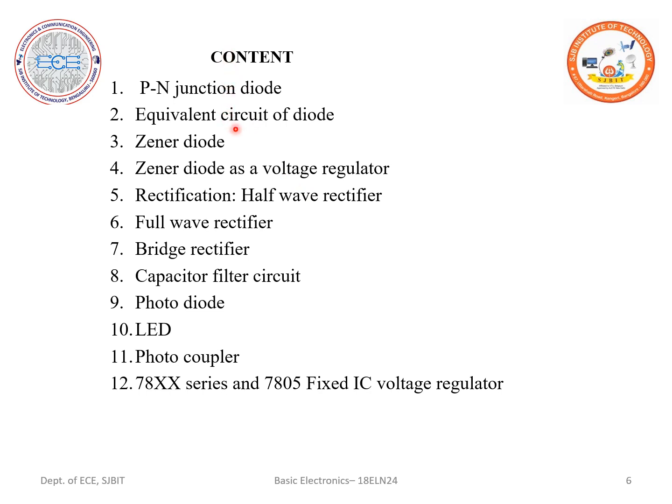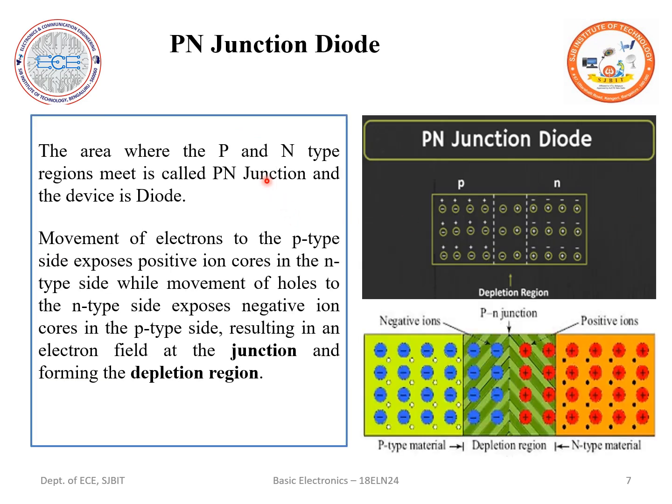In the first class, let us look into the p-n junction diode. There are two types of semiconductors. One is the p-type semiconductor and the other one is the n-type semiconductor. The p-type semiconductor has the majority charge carriers as holes, which are positively charged, and the n-type semiconductor has electrons as the majority charge carriers, which are negatively charged.